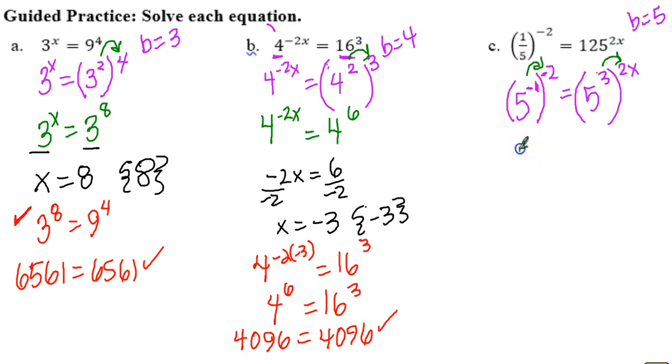And I get 5 squared equals 5 to the 6x. Looks good to me. So since my bases are the same, then my exponents are equivalent. 2 equals 6x. Divide by 6. Simplify. X equals 1/3.